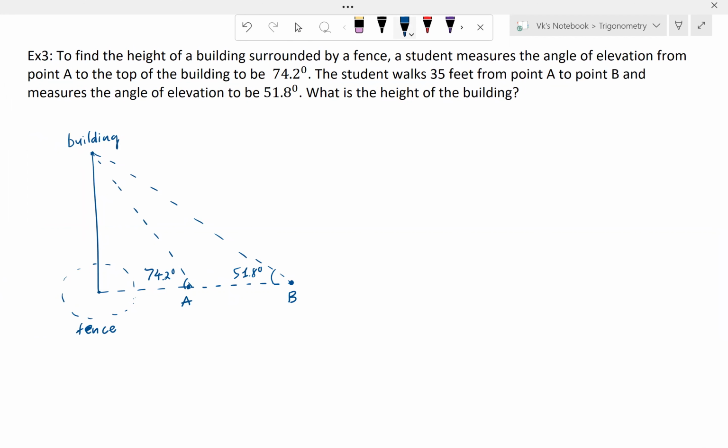And the distance from point A to point B is 35. Okay, so this is all we know. How do we figure out the height of the building, h?